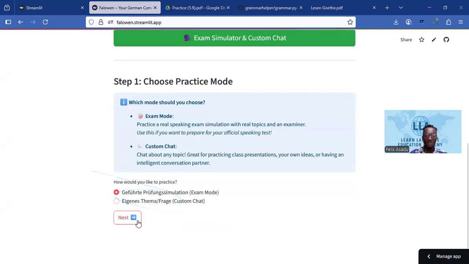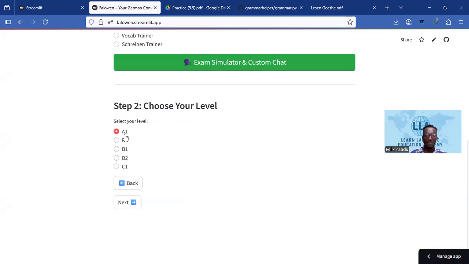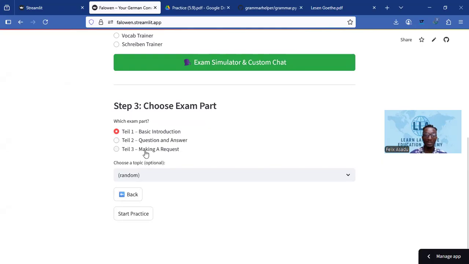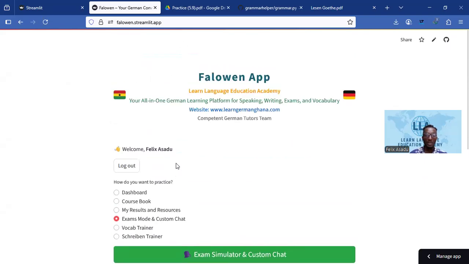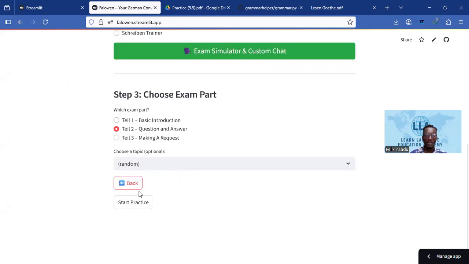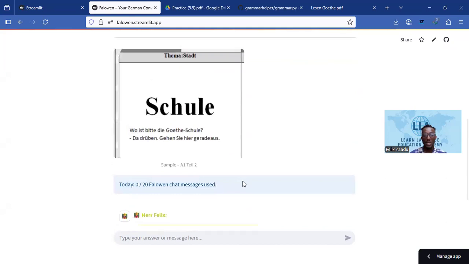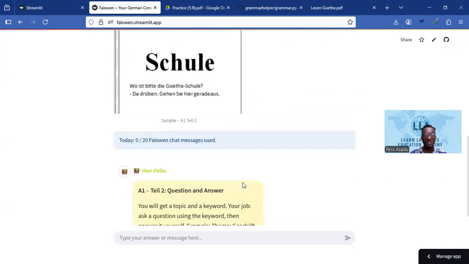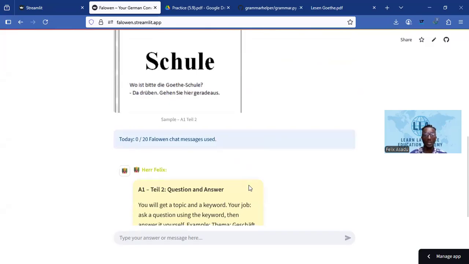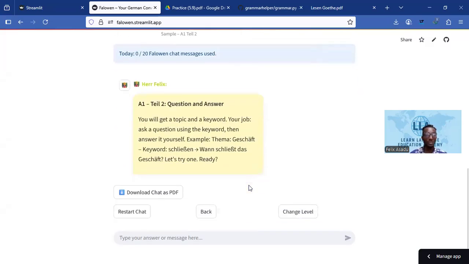And you click next, click A1, and last time we did the Teil drei, right? Today is Teil zwei, and you are going to click start practice. So the Teil zwei is where you are going to get questions. You are going to apply the W question or the yes or no question.